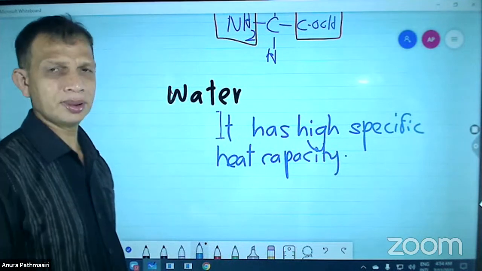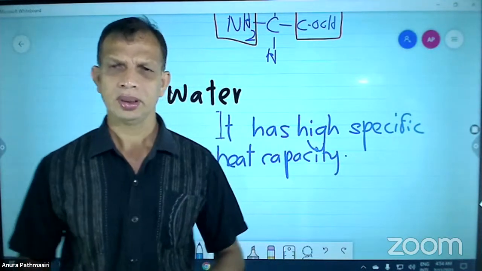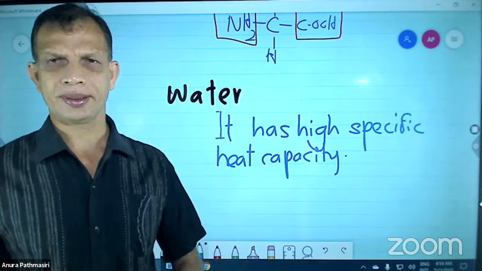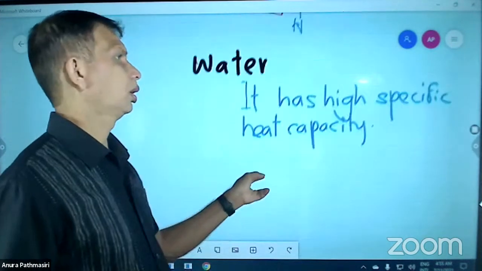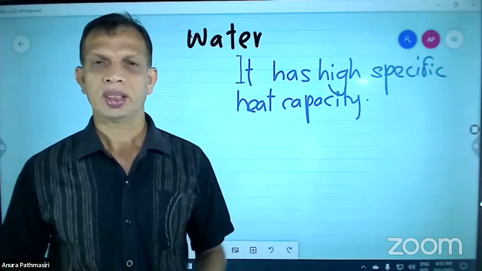So what does this mean? What is meant by specific heat capacity, and what is the use of that for living organisms?